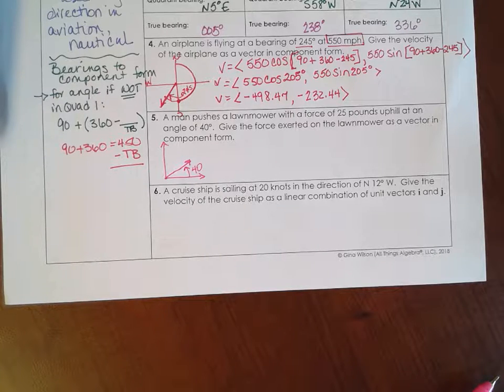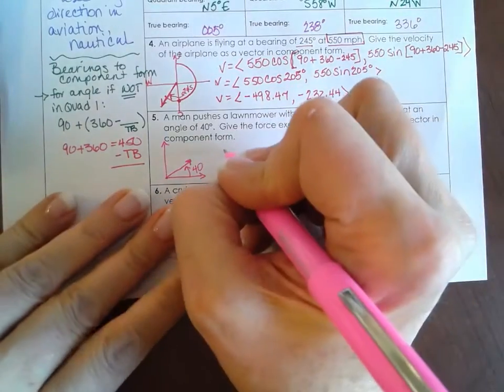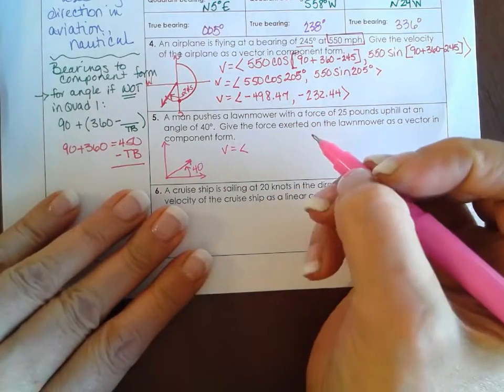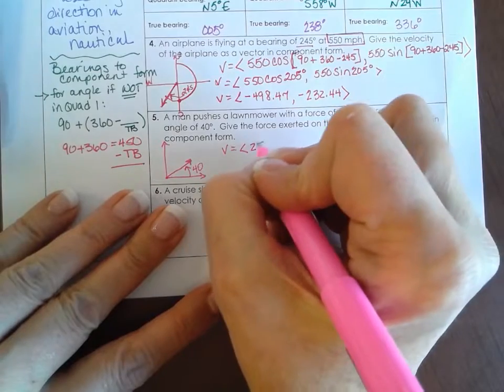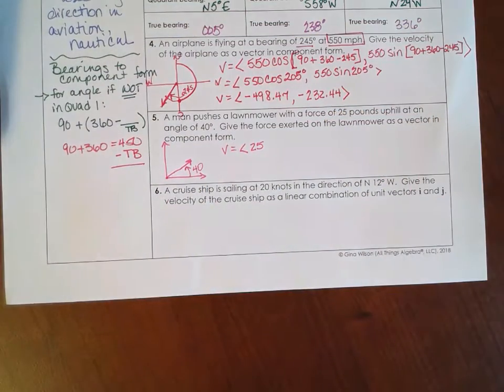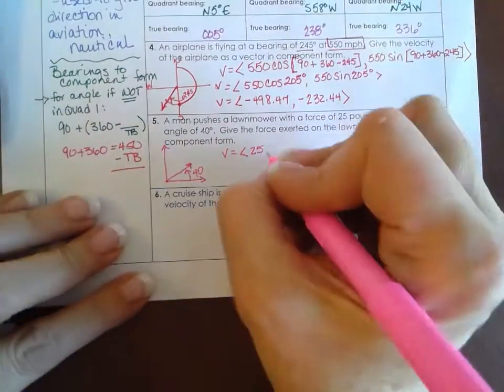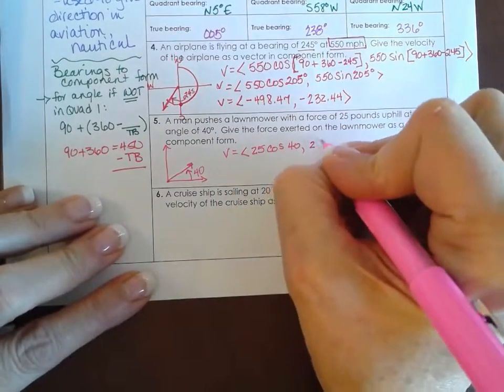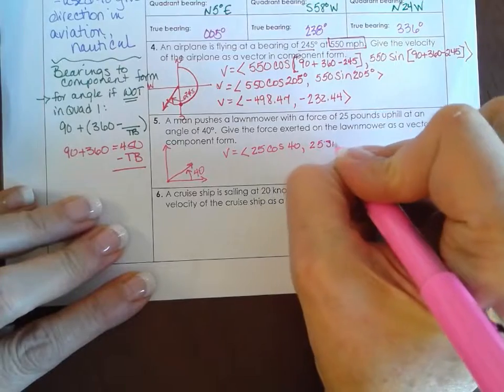Okay? So that means I can say my vector is going to be, what's my force? Well, 25, because that's going to be my speed, right? 25 cosine of 40, and then 25 sine of 40.